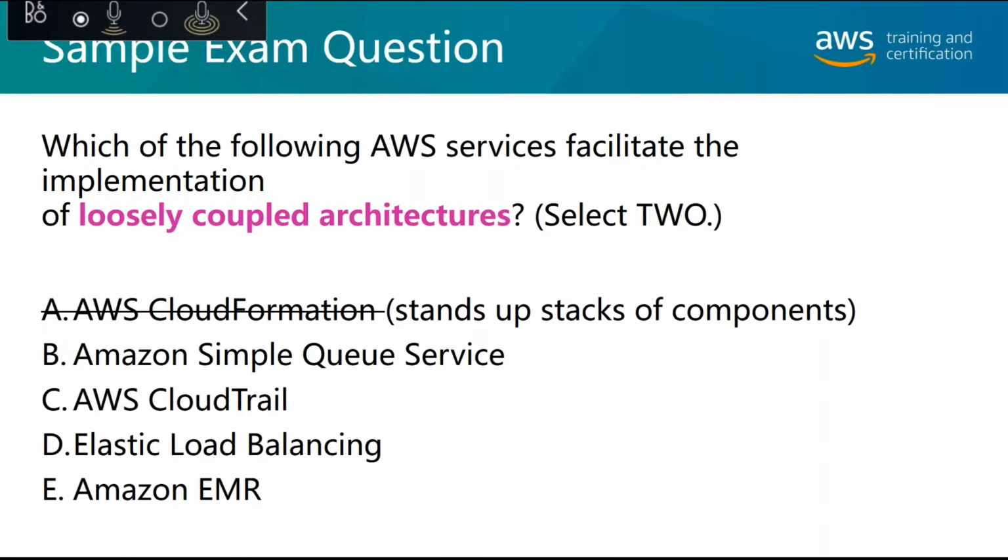Everything we define in a template is provisioned through the CloudFormation engine, and once it's up and running, it's referred to as a stack. You could terminate the stack when you're done with the environment. So this has nothing to do with the question that we have.